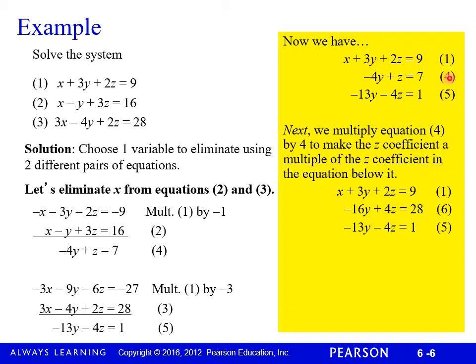If we multiply this number 4 equation by 4, notice now we'll have positive 4z and negative 4z to get rid of z in one of these equations, okay? Here we've multiplied equation 4 by 4, and we've gotten this new equation number 6. I know it's a little bit confusing because we keep getting new ones. If we add these 2 equations together, notice what happens.